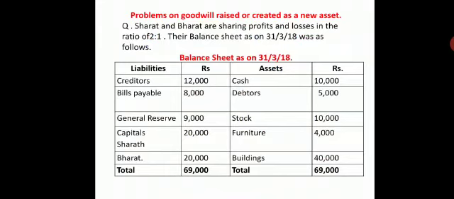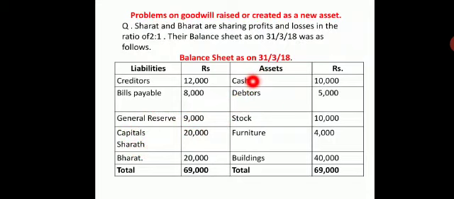The balance sheet on 31/3/2018 was as follows. Liabilities: creditors 12,000, bills payable 8,000, general reserve 9,000, capitals Sharat 20,000, Bharat 20,000.